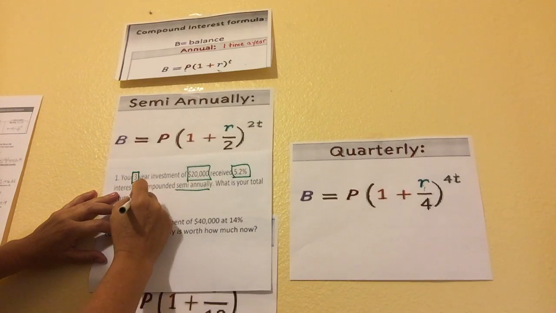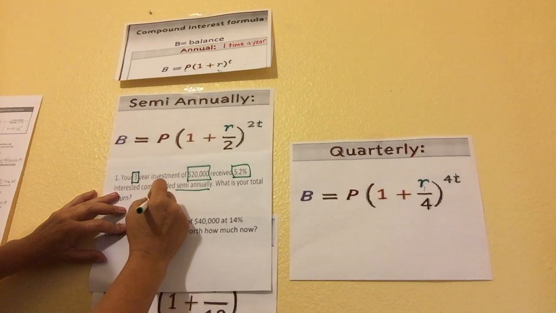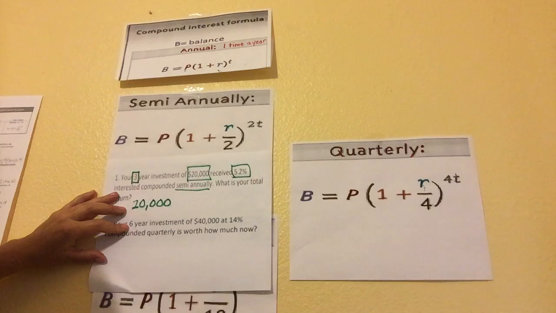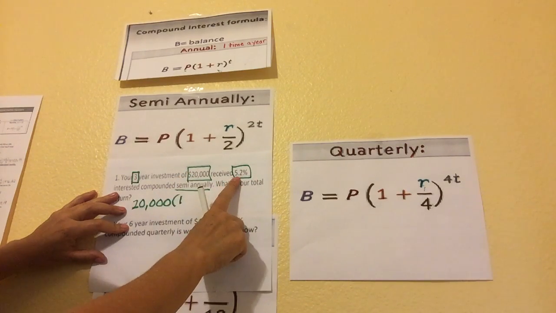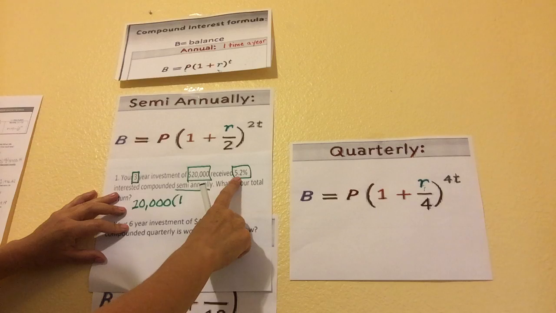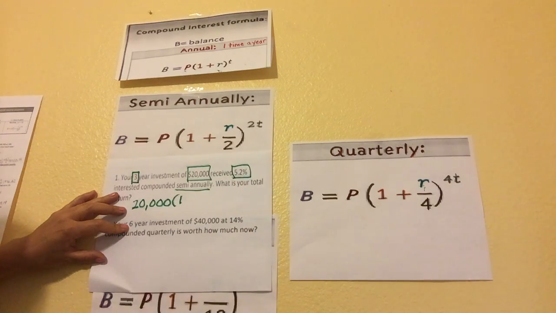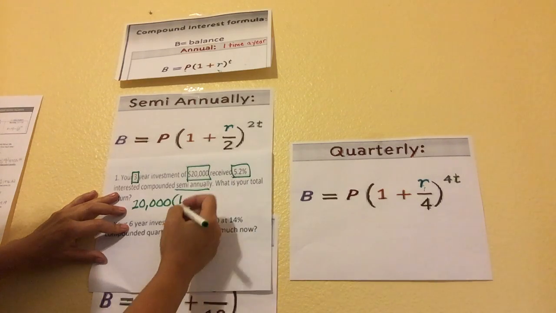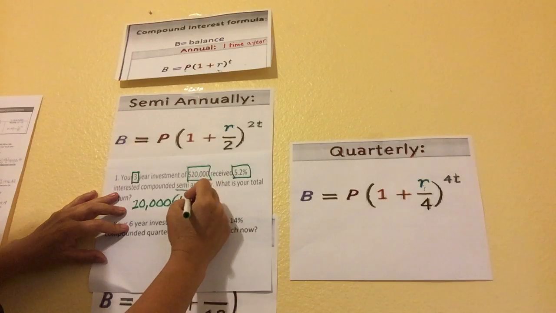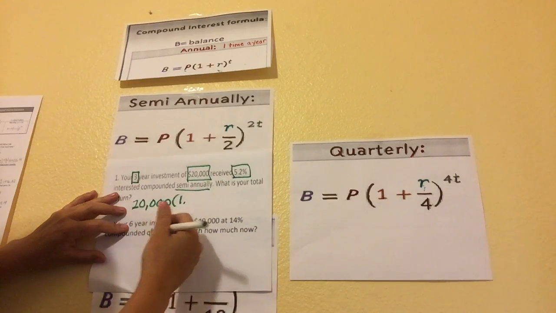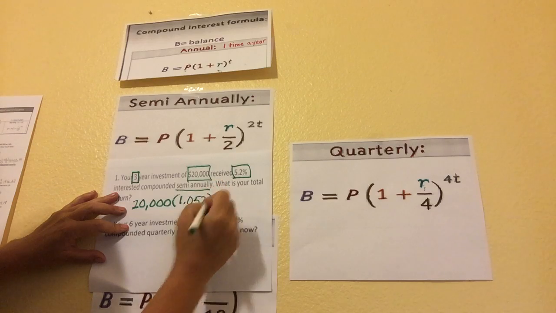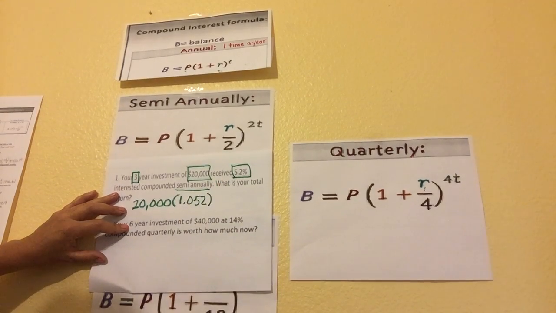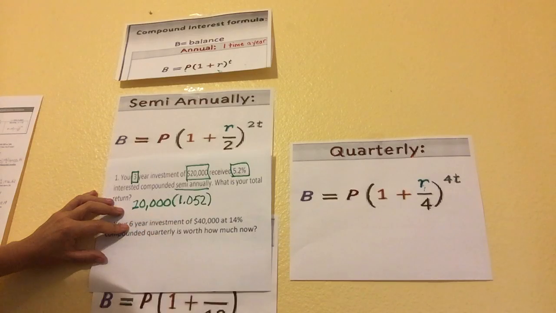So I'm going to put 20,000, okay, and then parentheses 1, and then we add it to 5.2%. So remember, we have to move that decimal over 2 times. So it's going to be 0.052, okay?